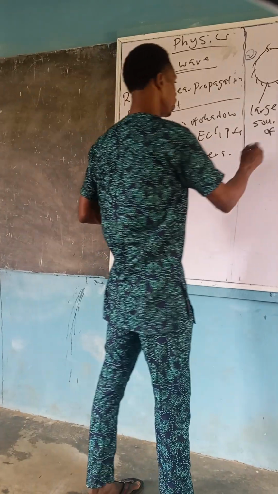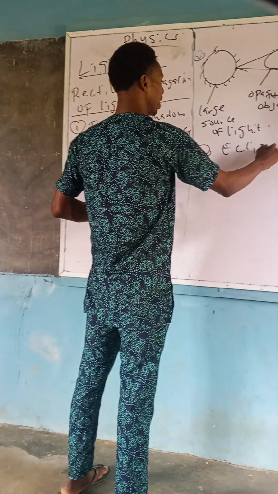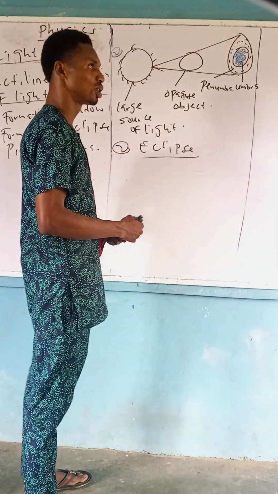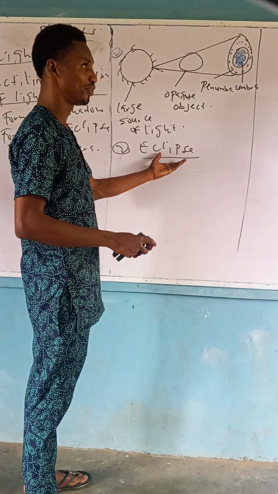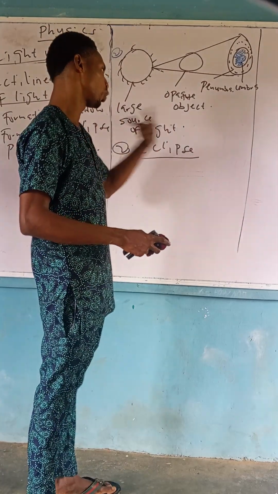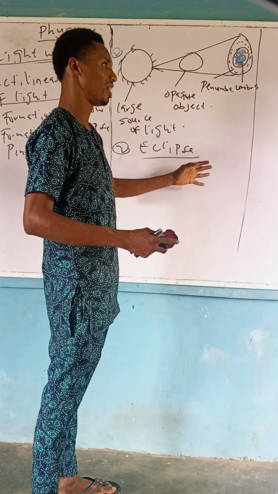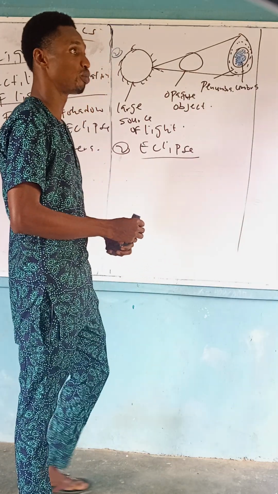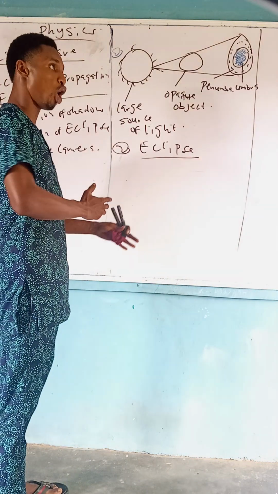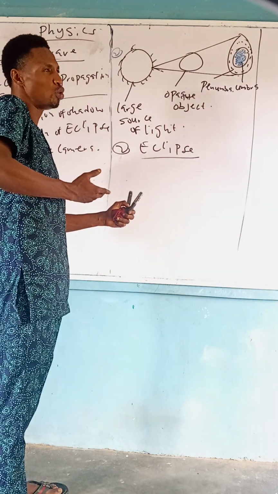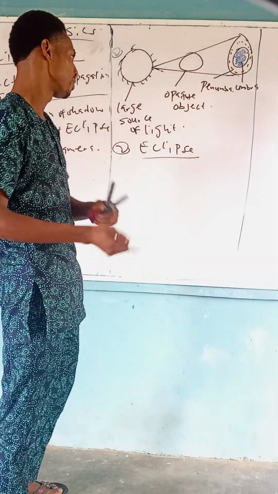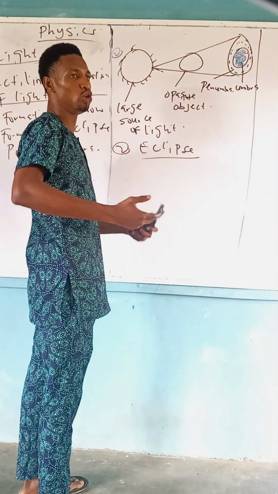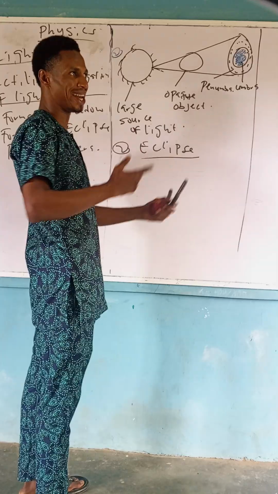Now, let's explain number 2. Let's talk about eclipse. What is an eclipse? An eclipse occurs when there is a total obstruction, or total blockage, of a luminous body by another.